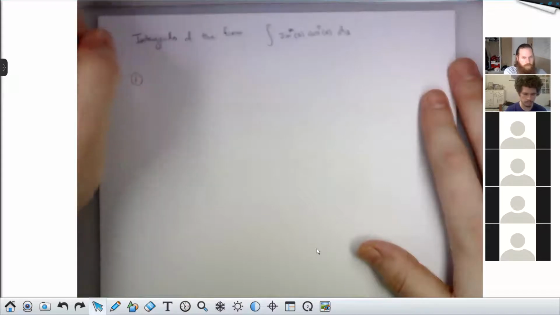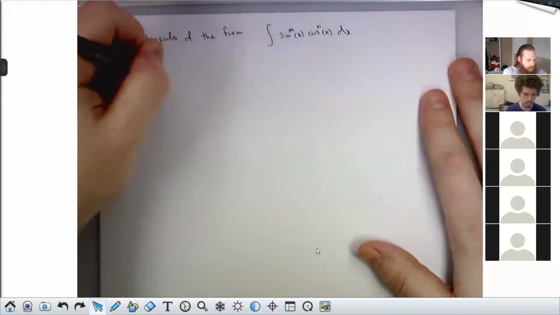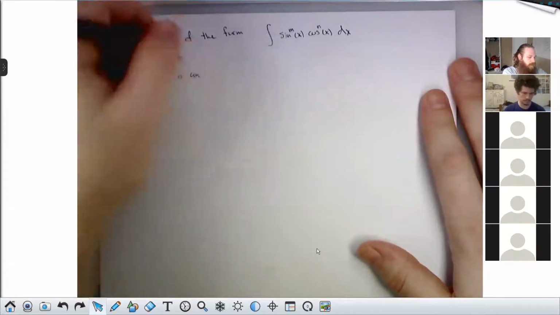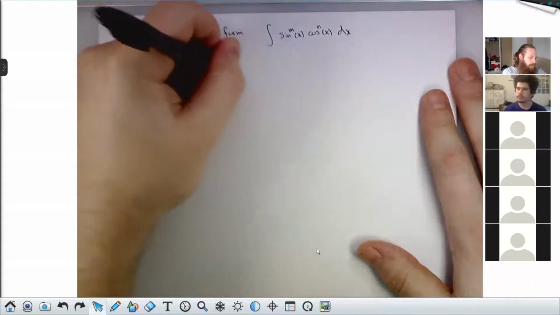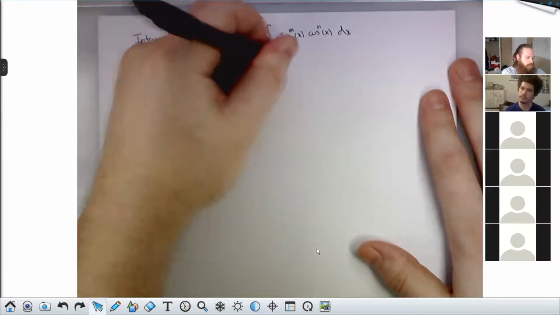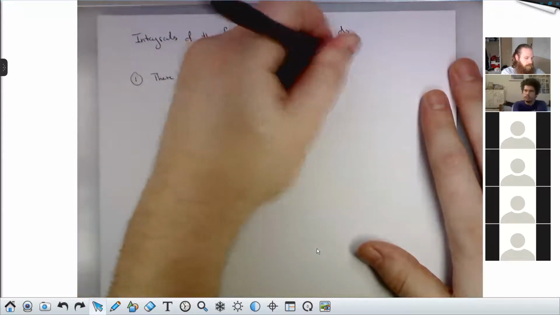Your book breaks it down into three cases. I think that's silly. First case, there is an odd power, i.e. one of m or n is odd, or both.